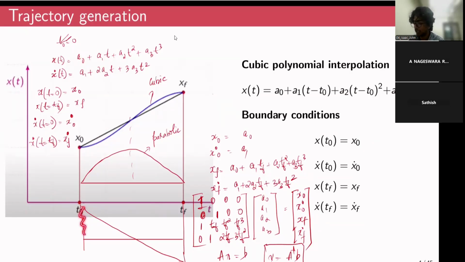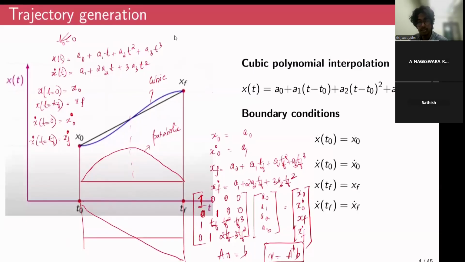Whatever you get here is entirely dependent on your initial position, your final position, and the time you take to achieve this trajectory. If the time for realizing this trajectory is more, this jump in acceleration would drop. But if the time is very short, that demands a very steep acceleration, something similar to a steeper curve.